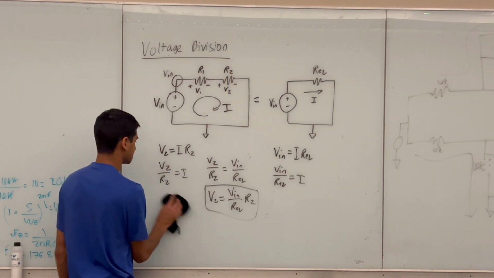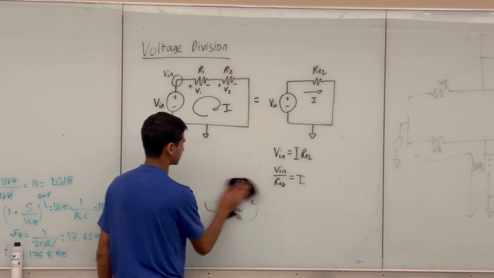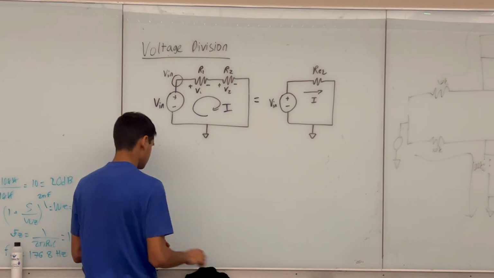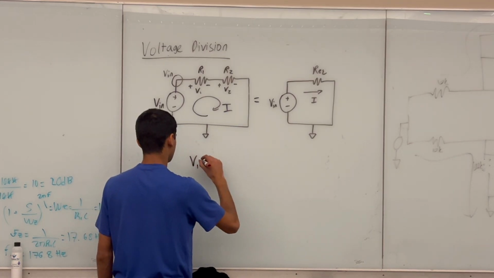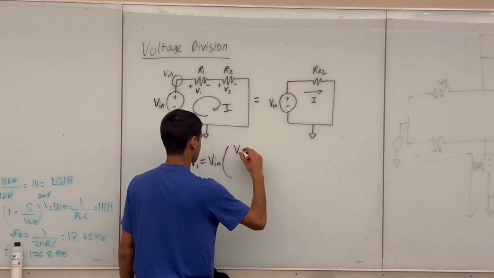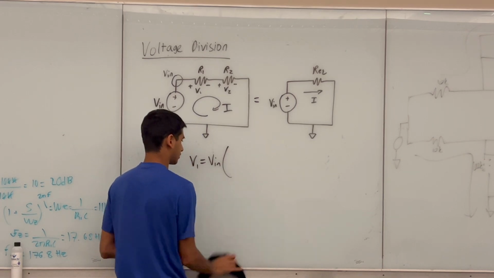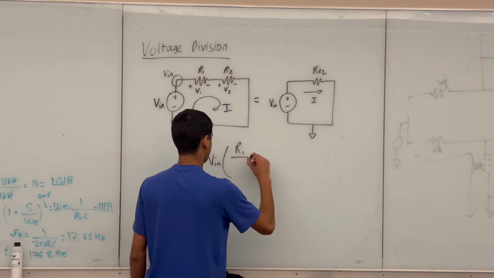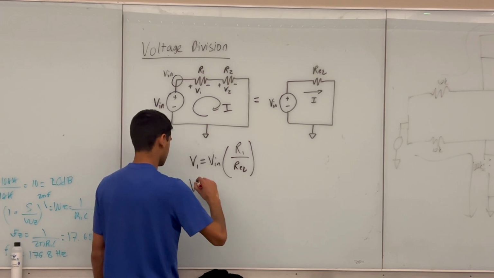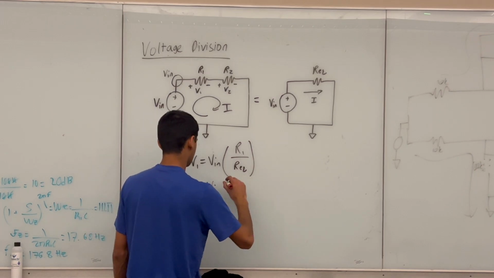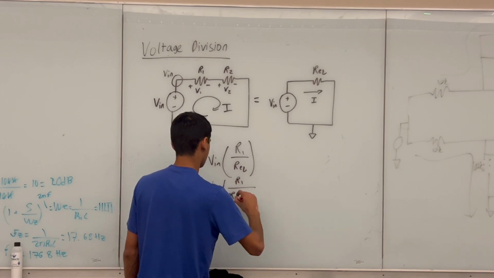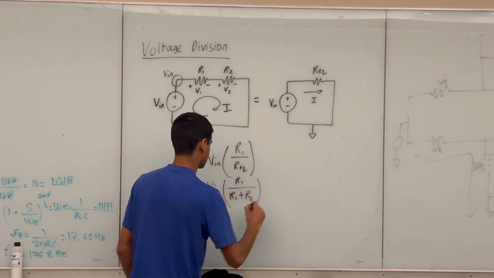So I'm gonna write this formula, at least the formula for V1, in a way that's more intuitive for me. I'm gonna say that V1 equals Vn times R1 divided by Req, which is just me rearranging the variables, which also equals Vn times R1 divided by R1 plus R2.